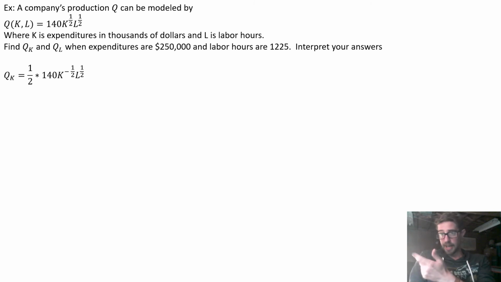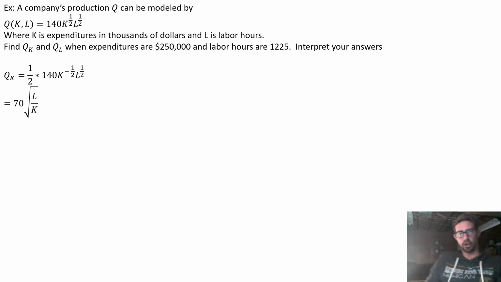The L to the 1/2 in this case is also a constant, so that also just comes along for the ride. We can clean that up a bit. 1/2 times 140 is 70, and it's over the square root of K, and there's a square root of L on top. So we can write it like this. To me, that's the simplest way to write it. It's 70 times the square root of L over K.